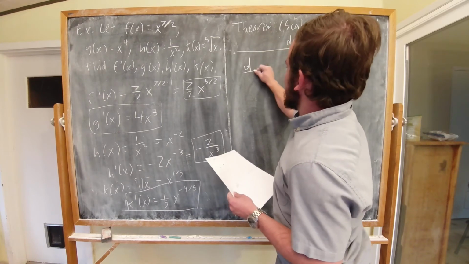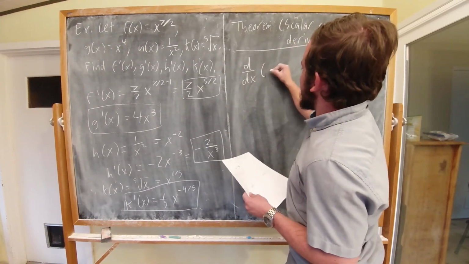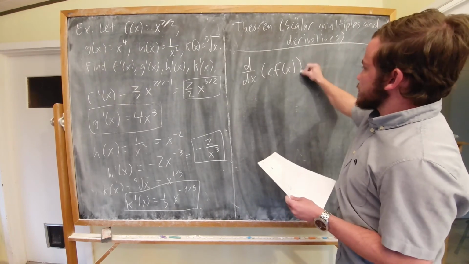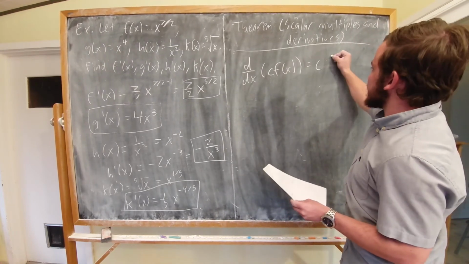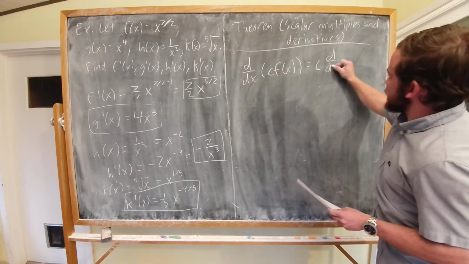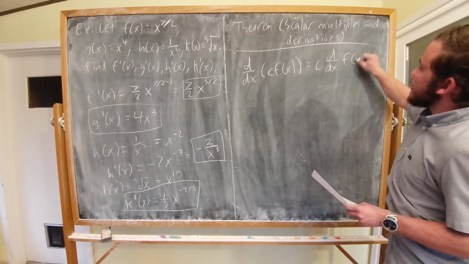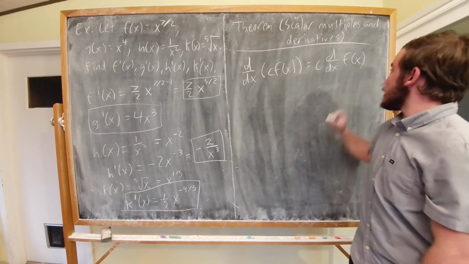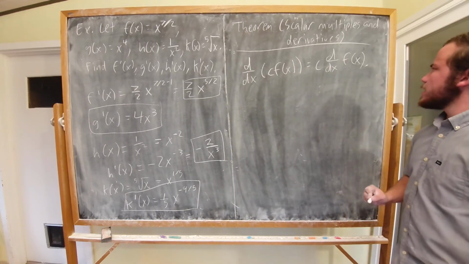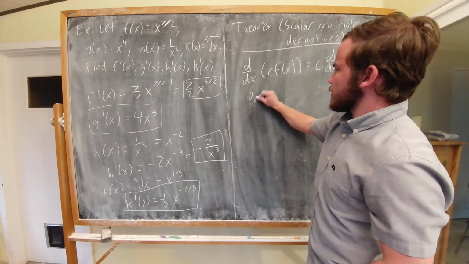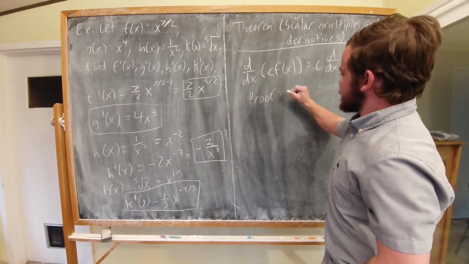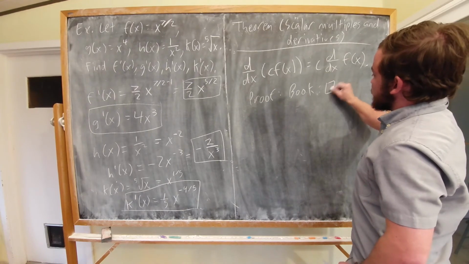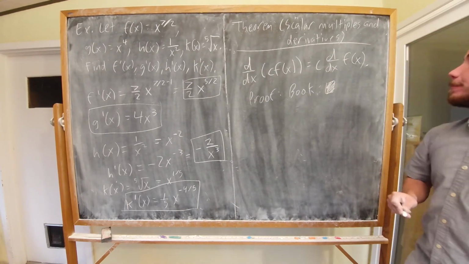So, the derivative with respect to x of a constant times a function is just a constant times the derivative of a function. So scalar multiples pull out of derivatives. That's real nice. The proof is in your book. If you want to try doing it on your own, I would commend you for it.